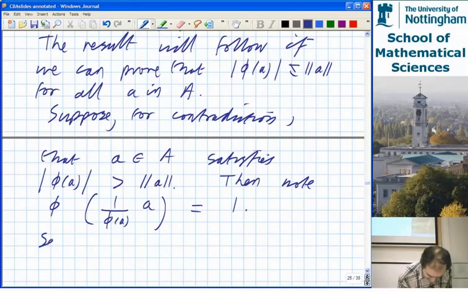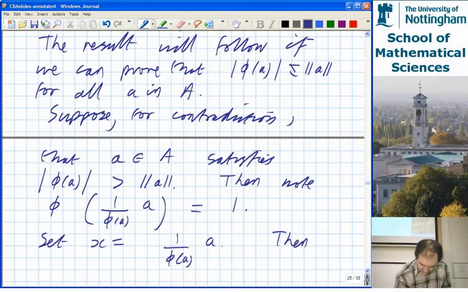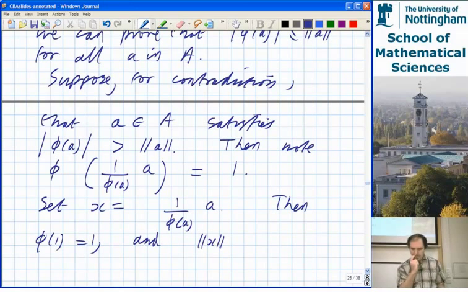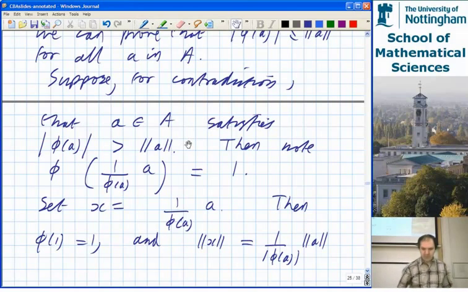So let's set x equals 1 over phi of A. Phi of x equals 1, and norm x is 1 over mod phi of A times the norm of A, which, by our assumption, is less than 1.